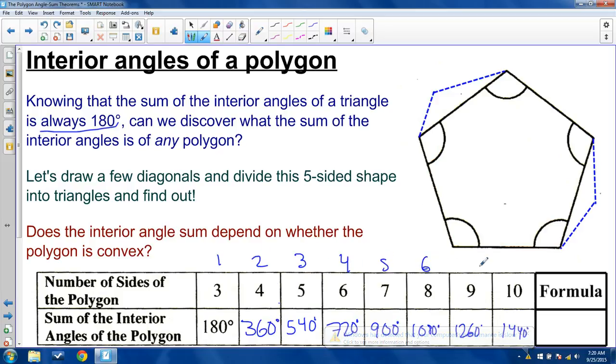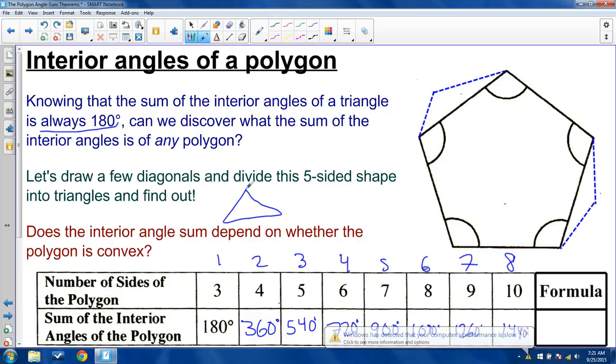So the question is, how do these numbers 1, 2, 3, 4, 5, 6, 7, 8 tie in with our number of sides? Well, you can see that these are 2 less than the number of sides each time, which is very important. In case you forget that, you can also see that this is the number of triangles in each of the shapes. A triangle is one triangle big.